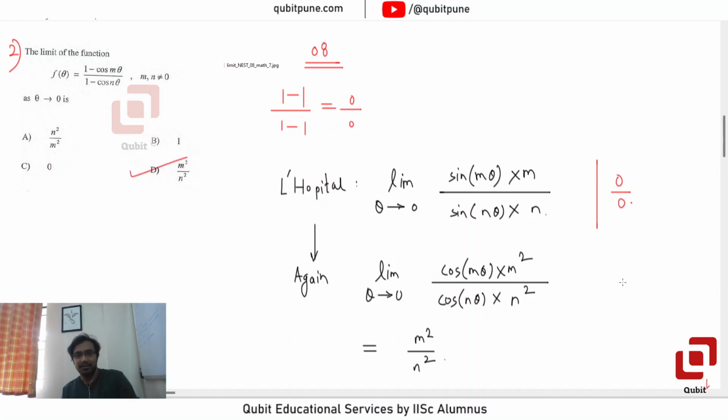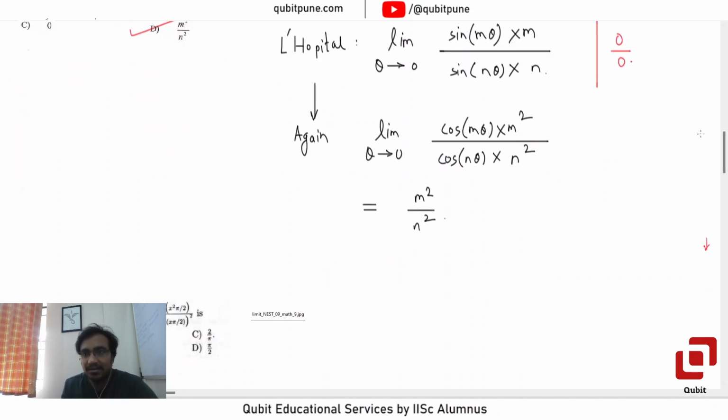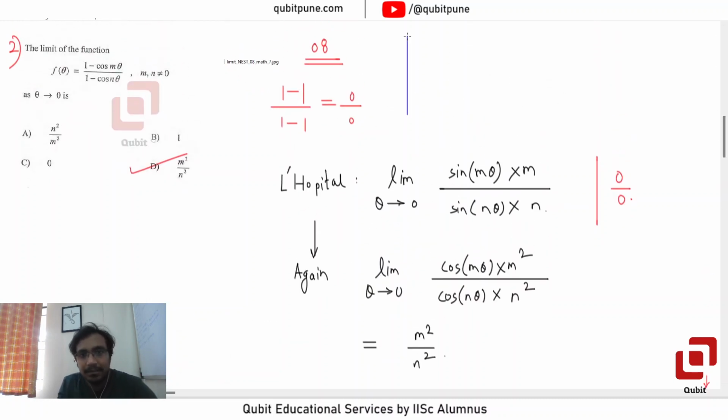Have you understood this? Yes, see, alternately what you may have done is this. Okay, let me write it here. You would use the formula limit as theta tends to 0, 1 minus cos theta upon theta squared equal to half.